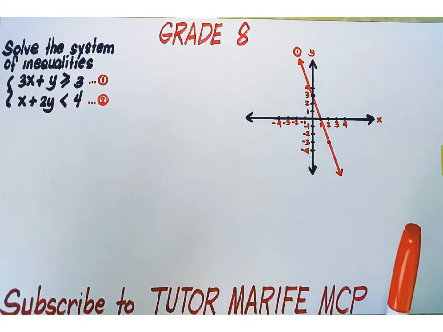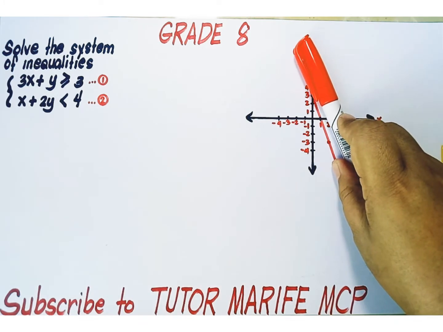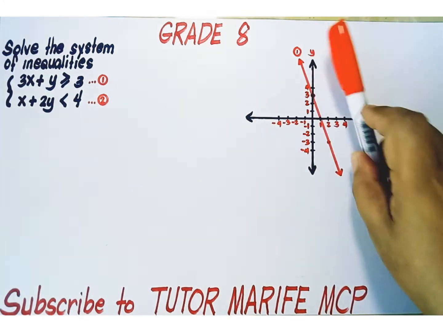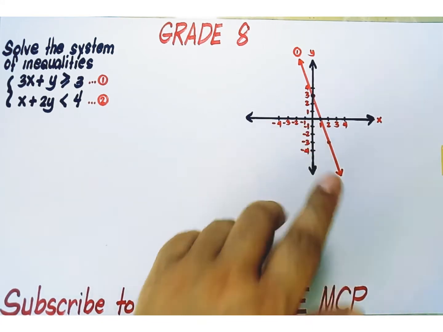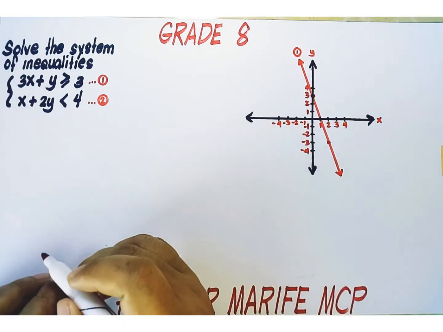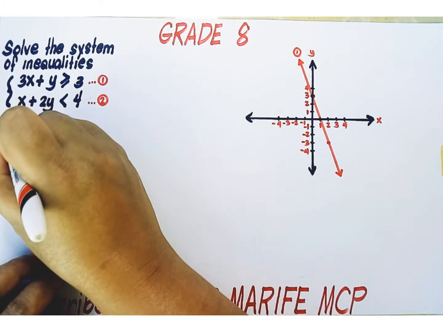If we end up with a false inequality statement, then we are going to shade the other half plane, which does not contain the test point or the origin. So let's do it. Our first inequality is 3x plus y greater than or equal to 3.